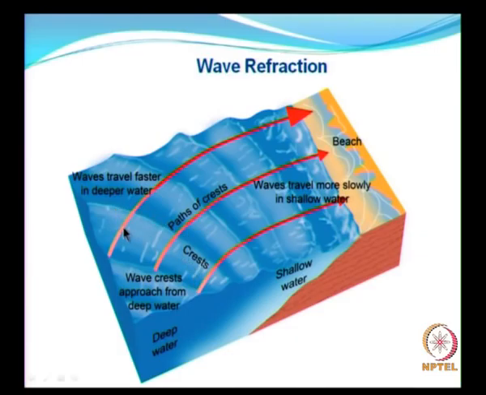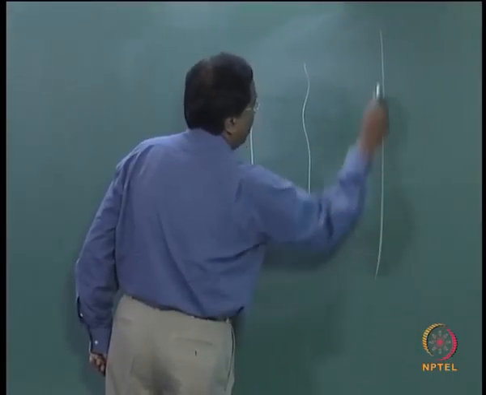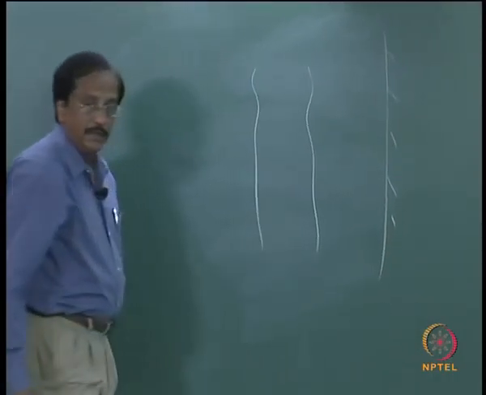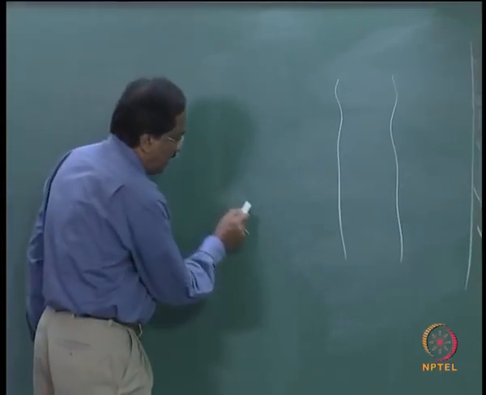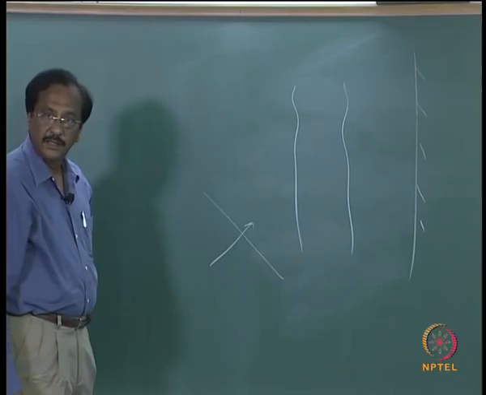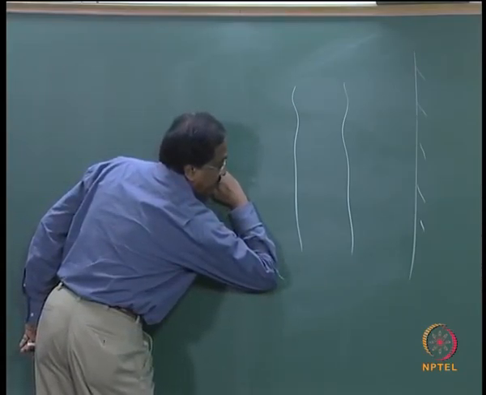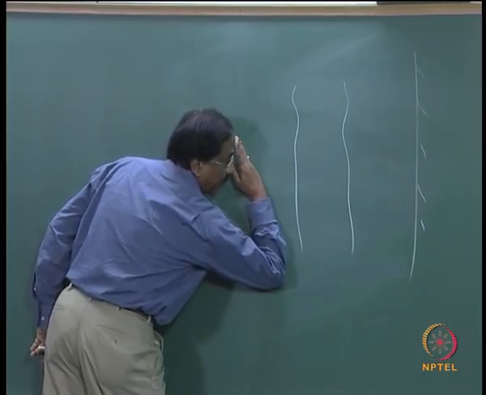What is it trying to do? When the waves are moving, they try to move faster and align parallel to the depth contours. For example, if you have the waves moving in deep waters, look at my hand. When the wave is moving, it will try to move like this.